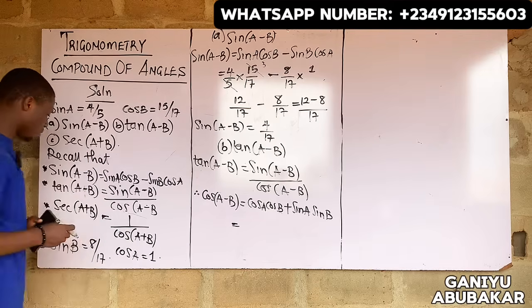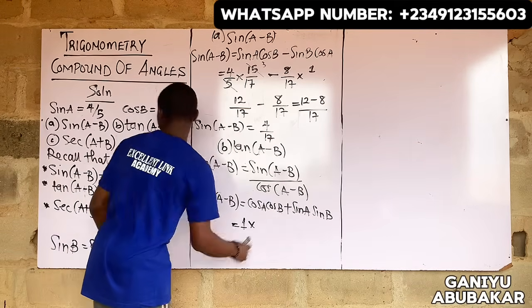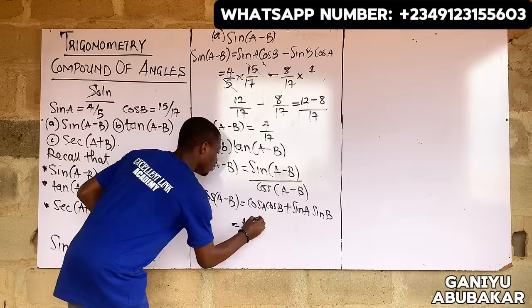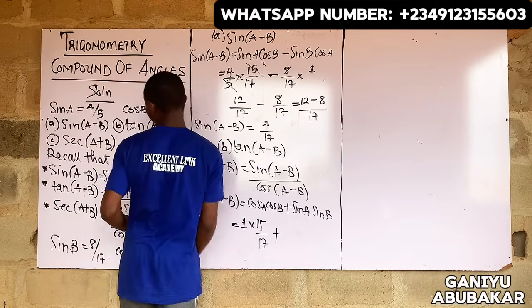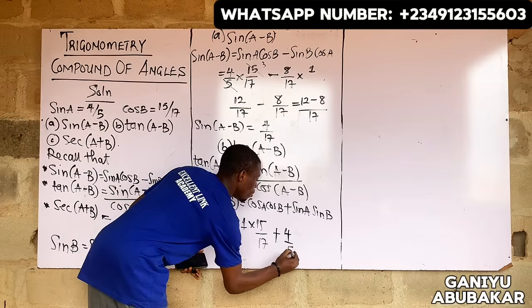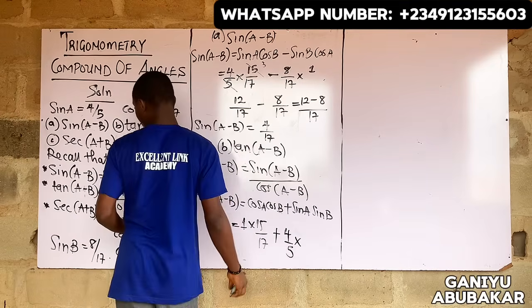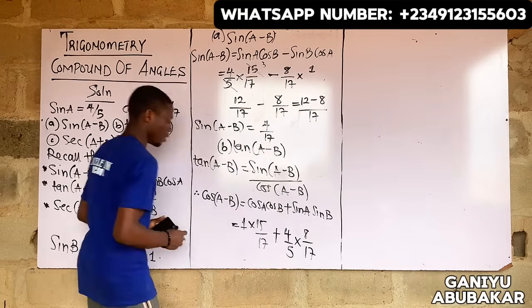That's 1. So I have 1 times cos B, which is 15 over 17, plus sine A, 4 over 5, times sine B, which is 8 over 17.